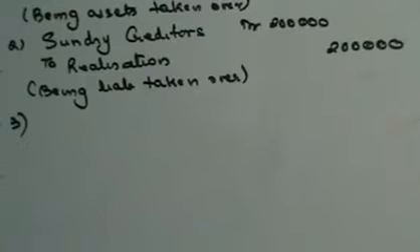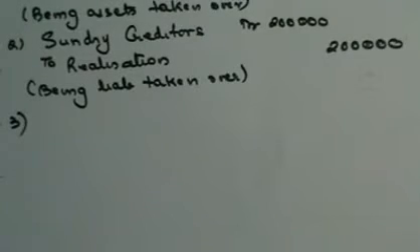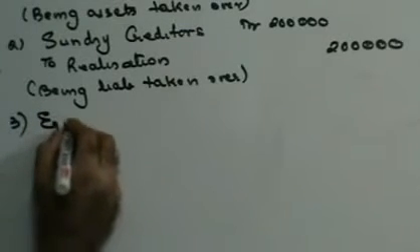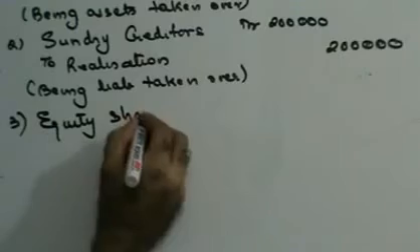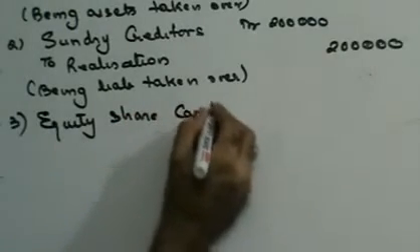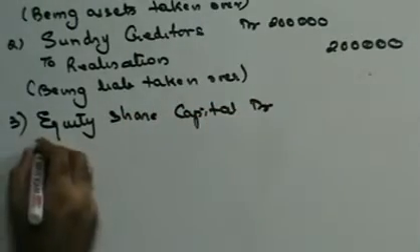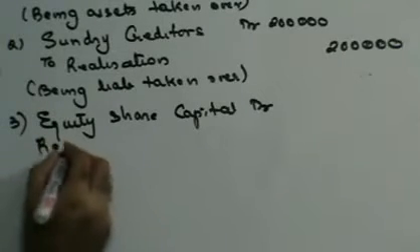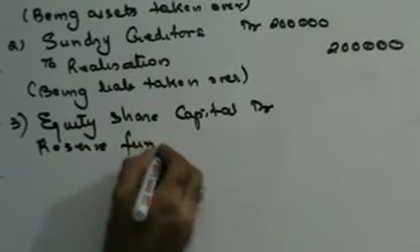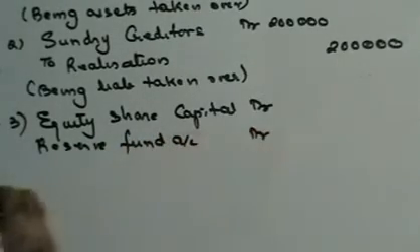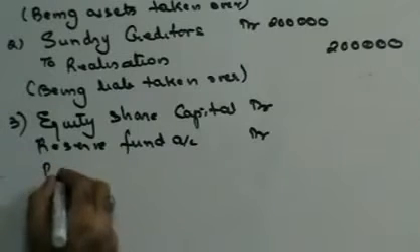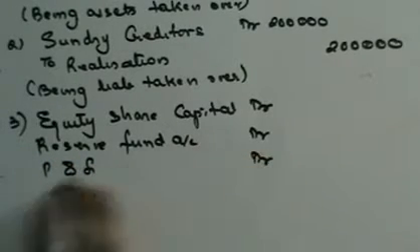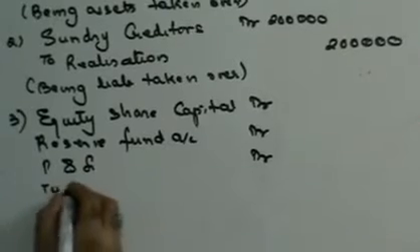Next, you don't have preference shares, otherwise you would have had to transfer preference shares. Next, transfer equity shares. So this is going to be equity share capital account debit, reserve fund account debit, profit and loss account debit to equity shareholders.